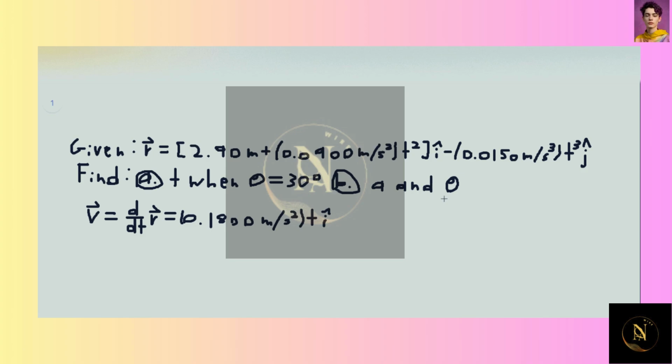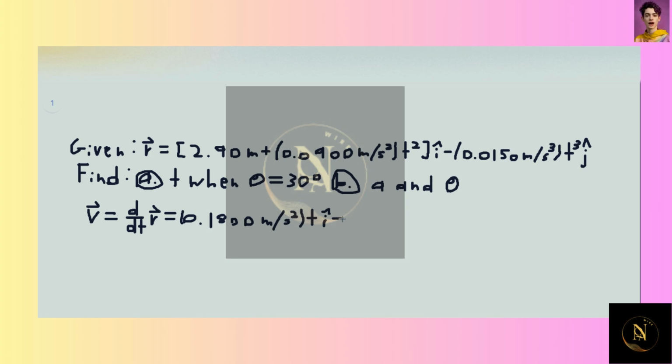Now do the same thing for the j hat part. We have negative 0.0150 meters per second squared times t to the third power. The derivative of t to the third power is just going to be 3t squared, times the coefficient out in front.